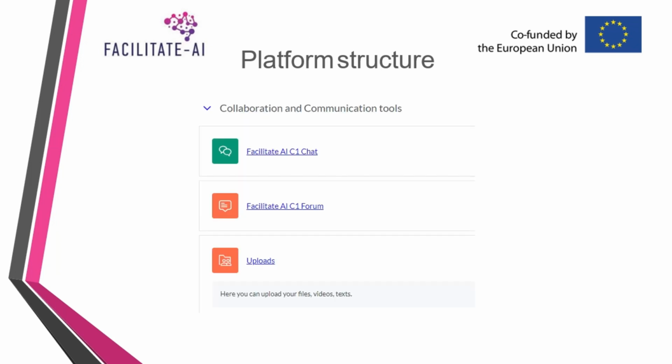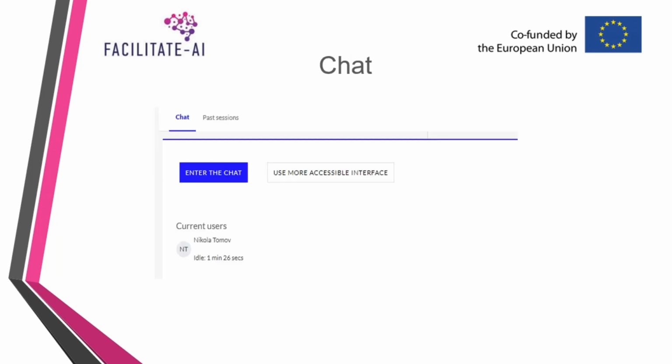Users of the platform can use its communication and collaboration tools to exchange ideas and learning materials and to create discussions on different topics. The first collaboration and communication tool is the chat, where users can communicate in real time and discuss ideas and different topics.